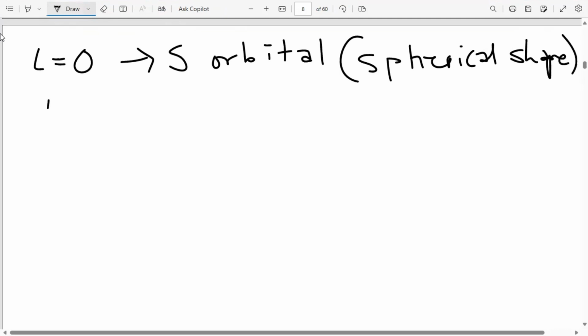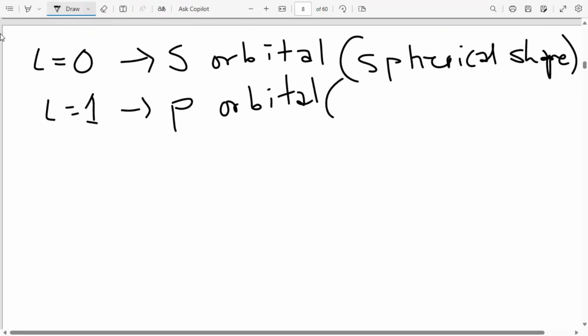If L is equal to 1, we have a correspondence to the p orbital, and the shape of the p orbital is a dumbbell shape.